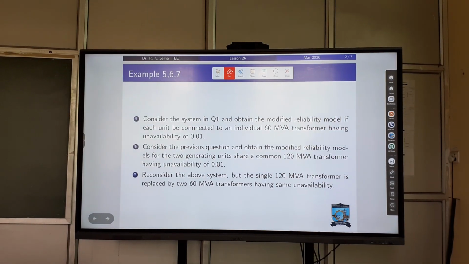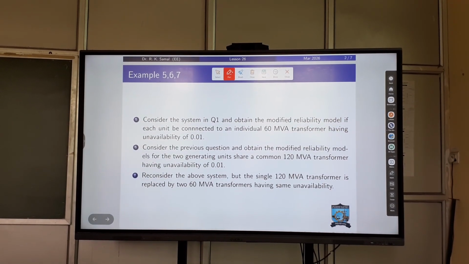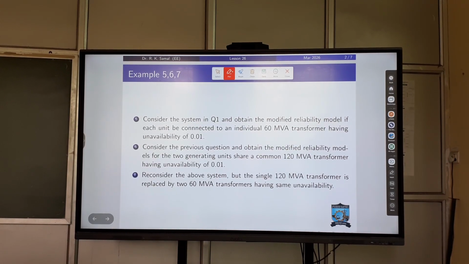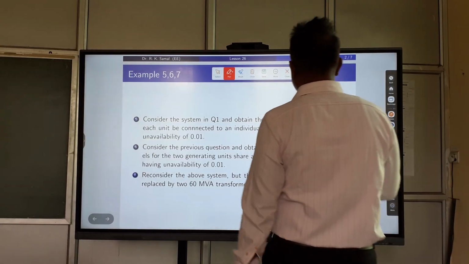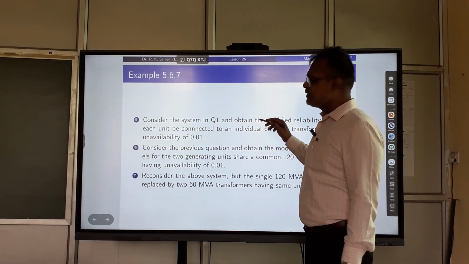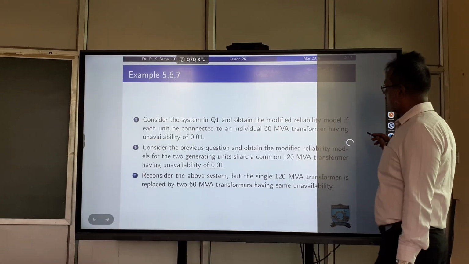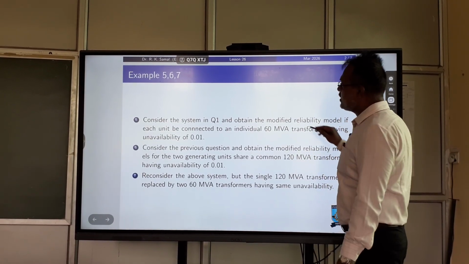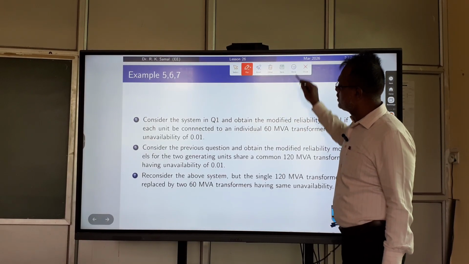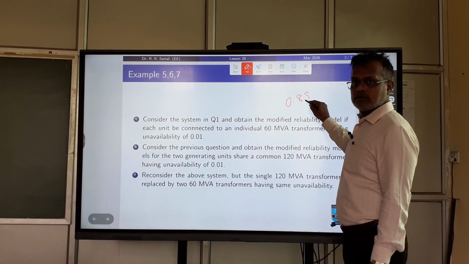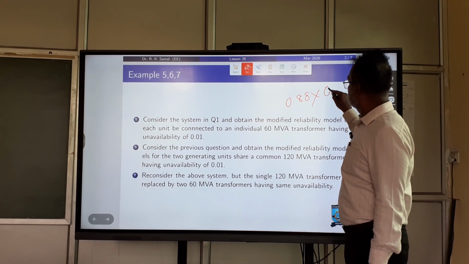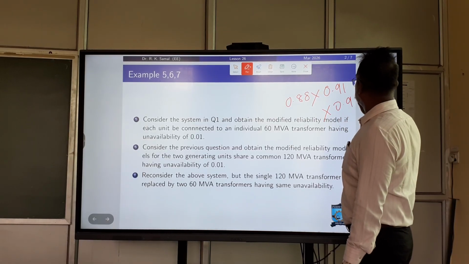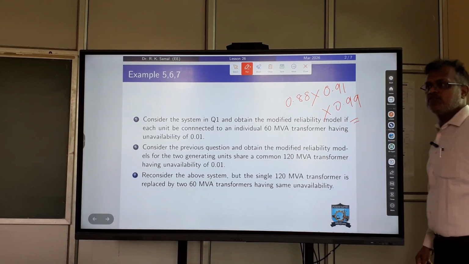The probability, write it down: 0.641281. So it is not using that probably. What it is saying is the individual availability: generator availability is 0.8 and boiler 0.9. Transformer is 0.99. Multiply this, how much will it be?